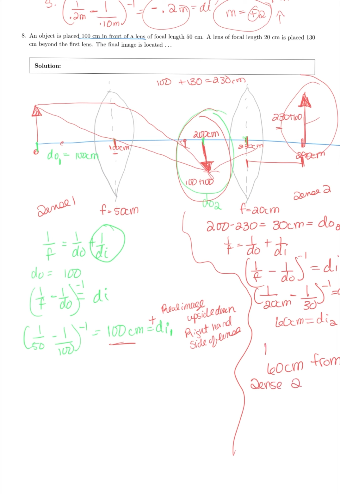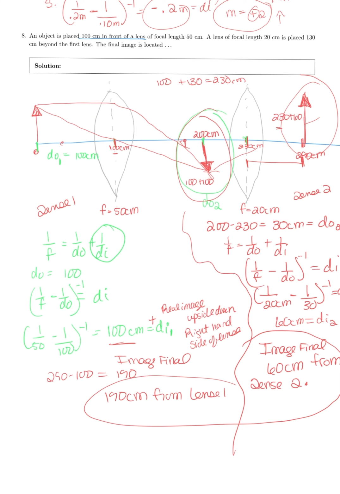So we'll say image final is 60 centimeters from lens 2, but from lens 1, we have 290 minus 100 equals 190, so he's 190 centimeters from lens 1. There you go. And that is how you do that problem.